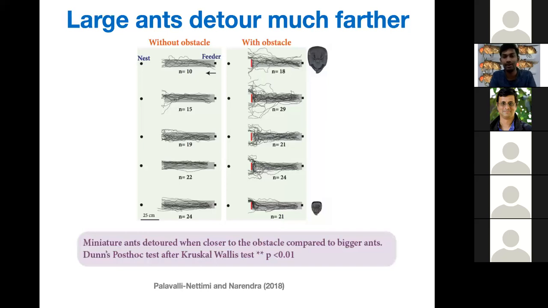But with the obstacle, larger animals actually tend to deviate from that corridor earlier in time and farther from the obstacle, compared to really small insects, which go all the way close to the obstacle and then detour around. So larger ants do detour much farther from the obstacle.